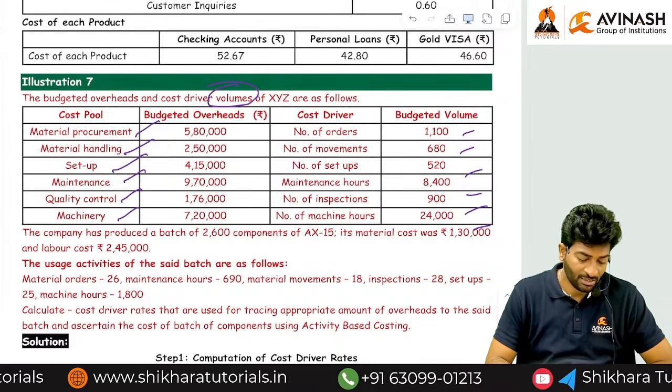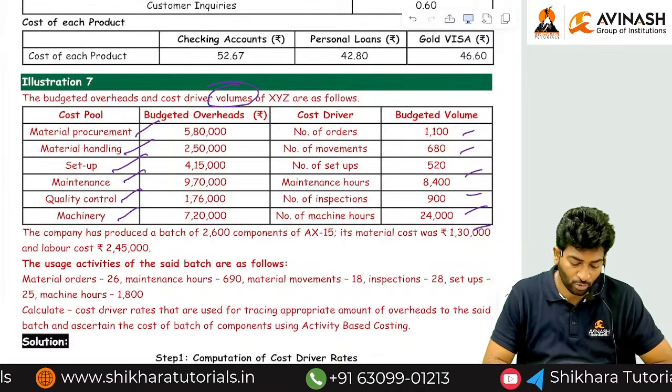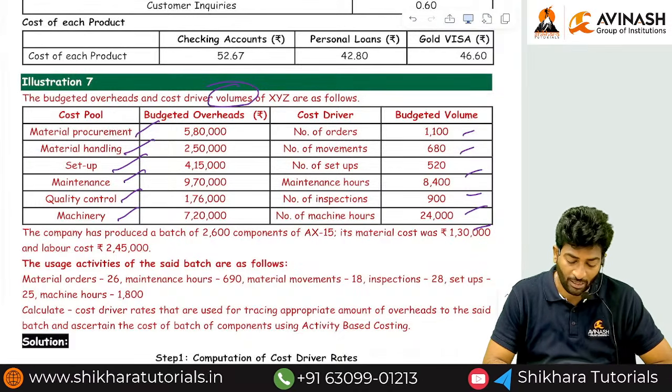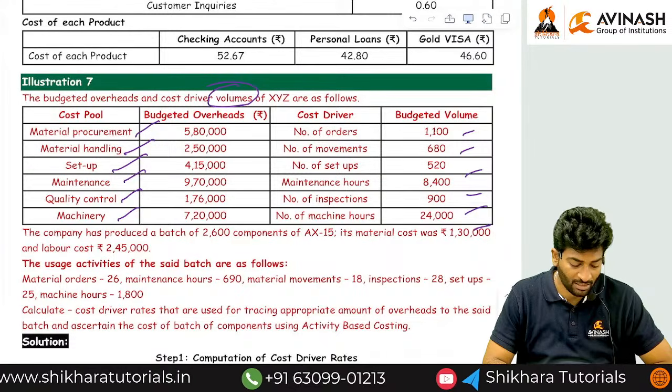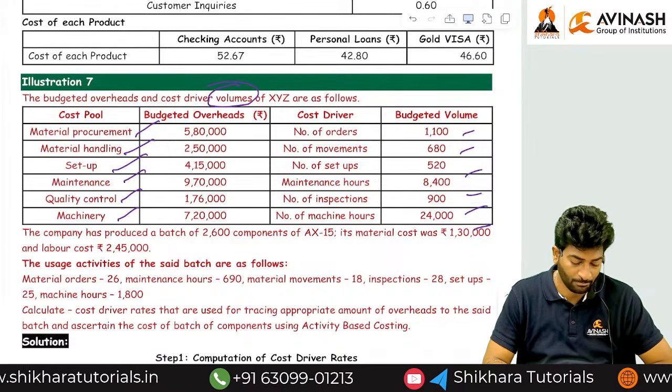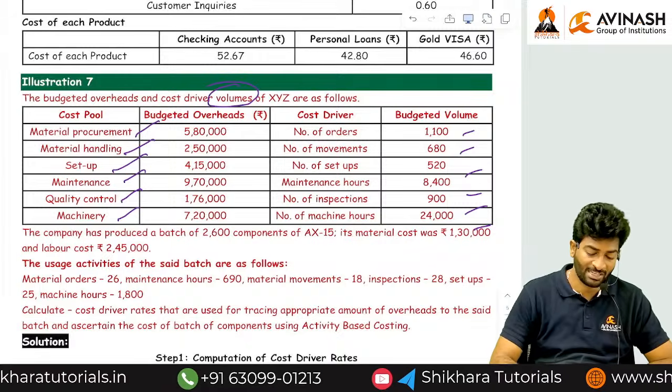And after that, the company has produced a batch of 2600 components of AX15. Its material cost was 1,30,000 and labor cost 2,45,000. The usage activities of the batch.